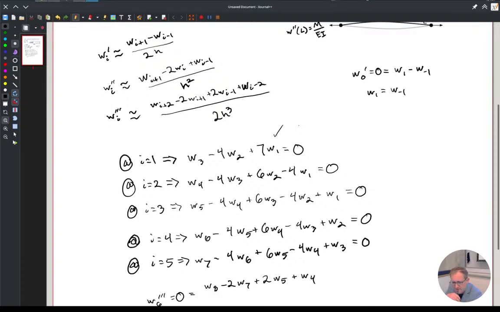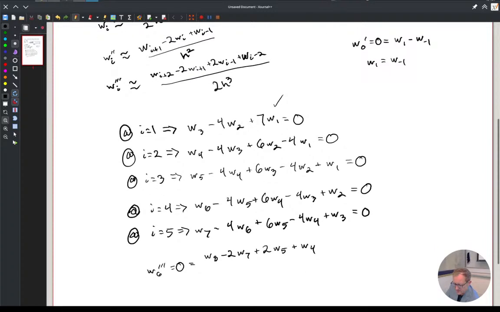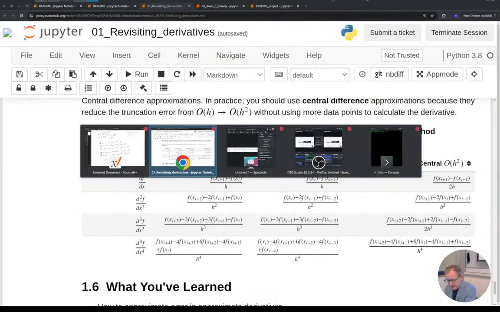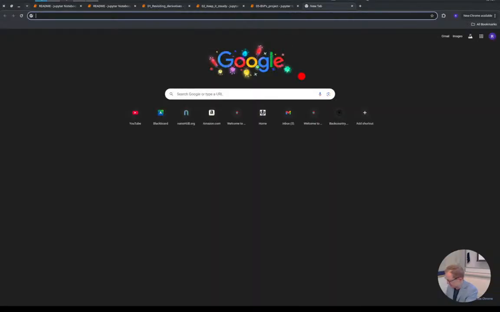You mean in that first I equals 1 equation? Oh, w triple prime. Oh, there's a wrong sign. Is it supposed to be positive 2, negative 2? Do a quick Google search, double check.